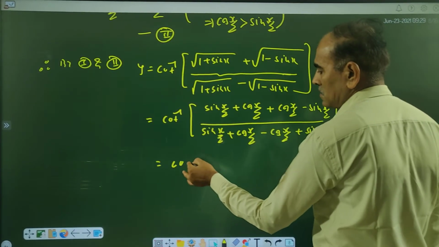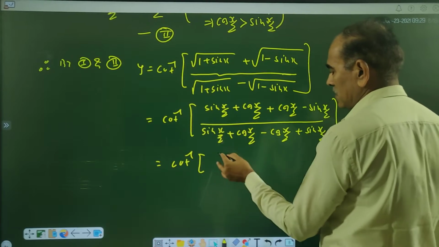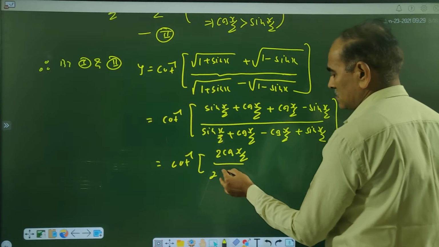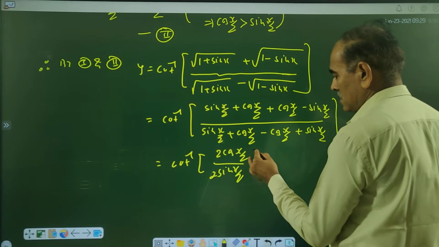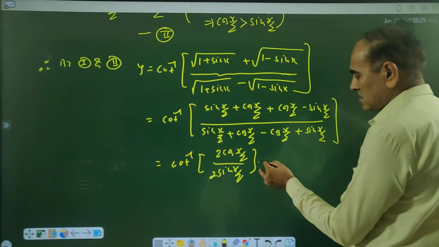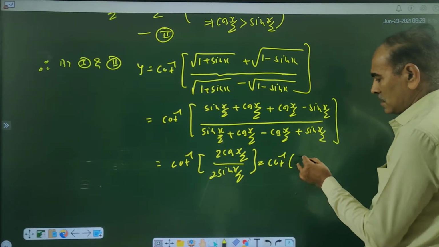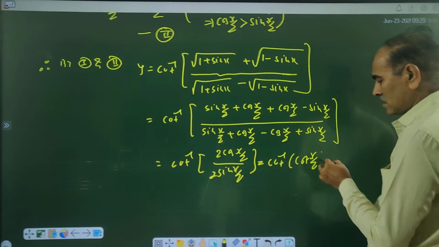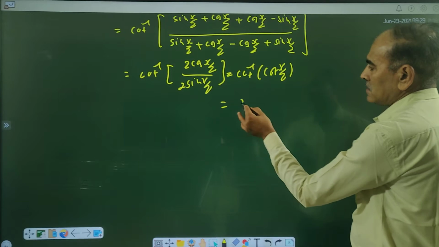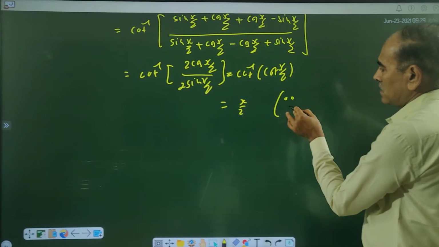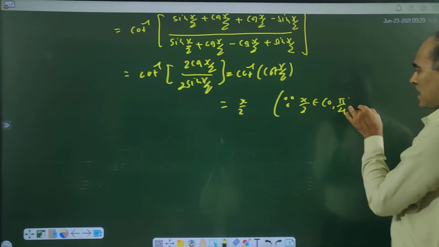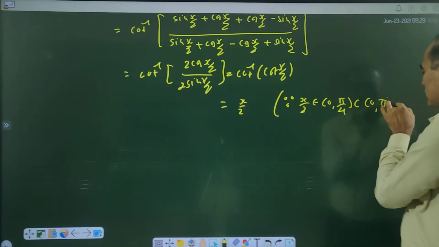And that is equal to cot inverse of what we get? 2 cos x by 2 over 2 sin x by 2. Why? Here sin x by 2 gets cancelled, here cos x by 2 gets cancelled. That is equal to cot inverse cot x by 2, which is equal to x by 2. Why? Because x by 2 belongs to 0 to pi by 4, which is a subset of 0 to pi.